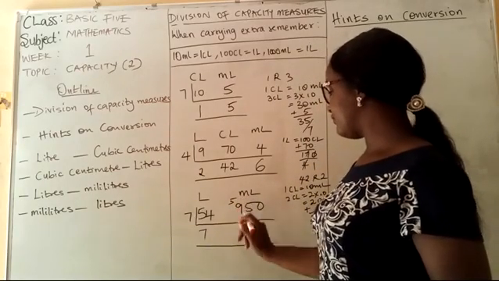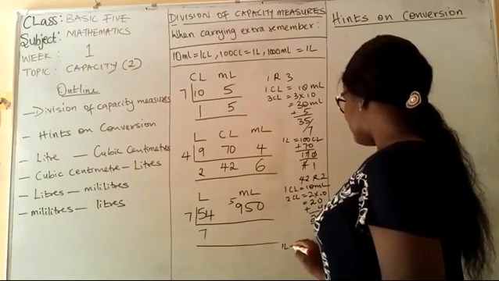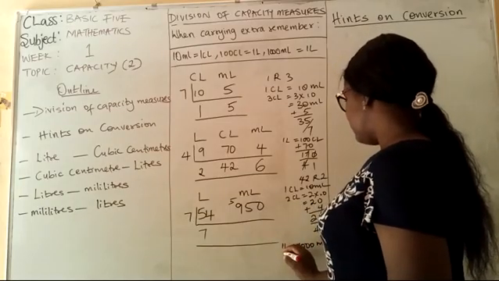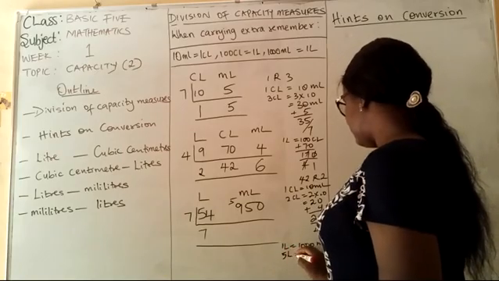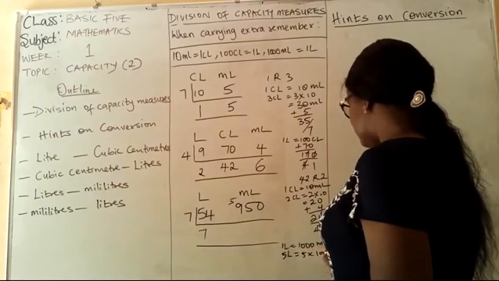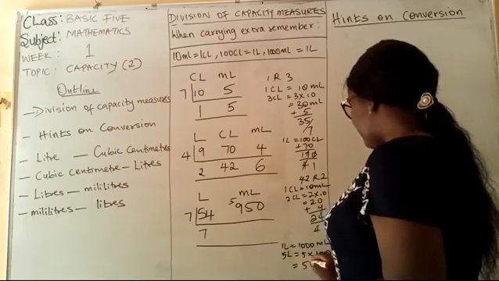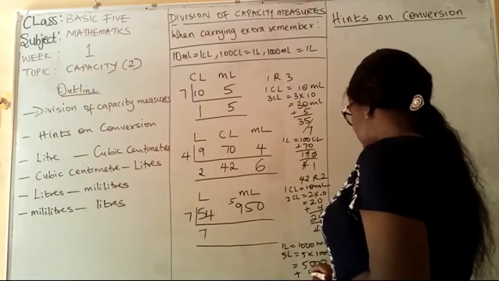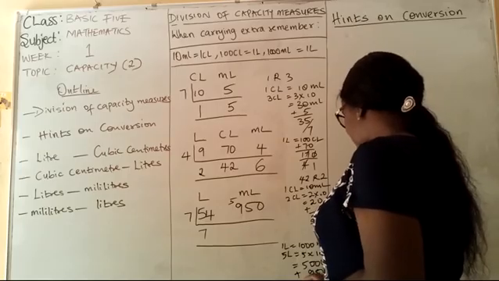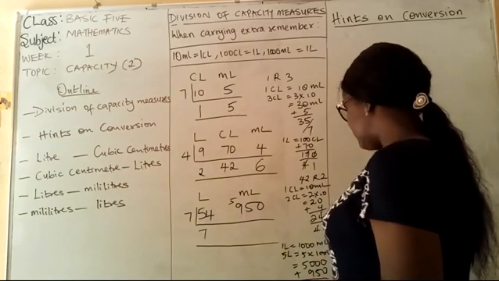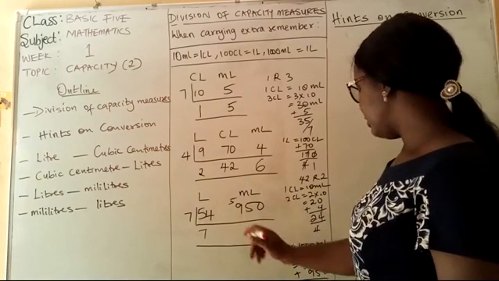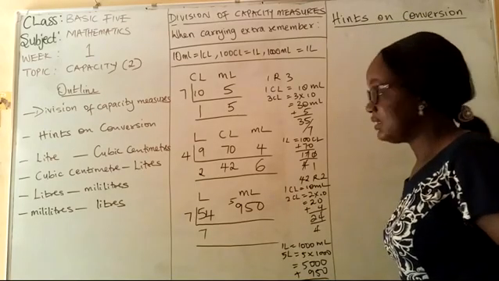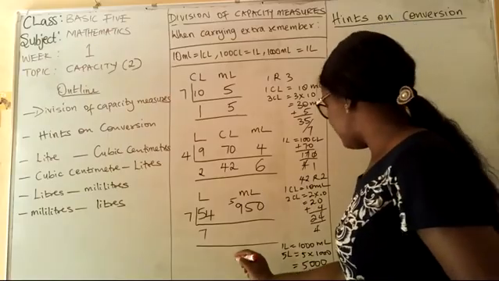Now 5, remember, 1 liter is equivalent to 1000 milliliter. Now 5 liter will be 5 times 1000. That is what? 5000 plus 950. So we have 5950. Okay, we are dividing with 7, right? Can you see that? Okay, then let me write here.